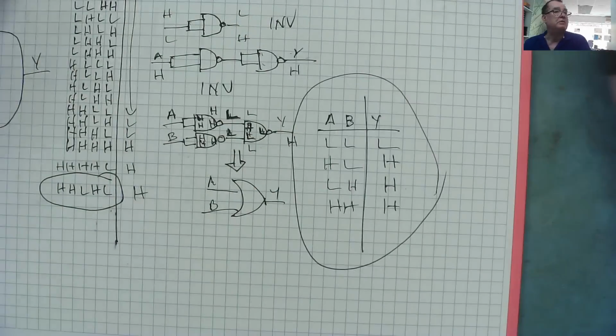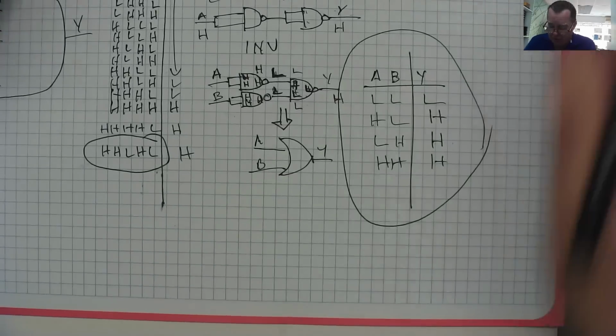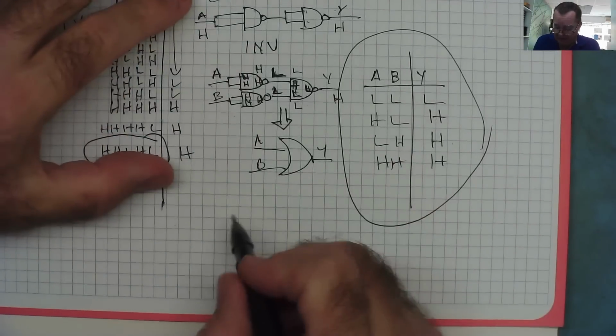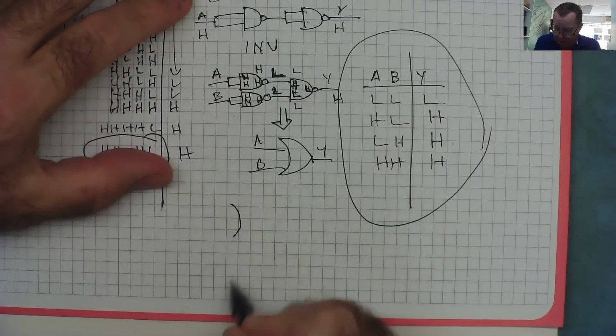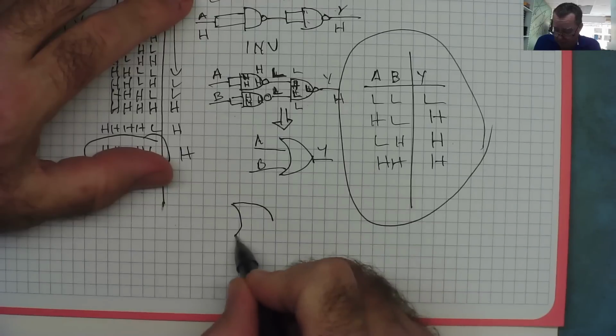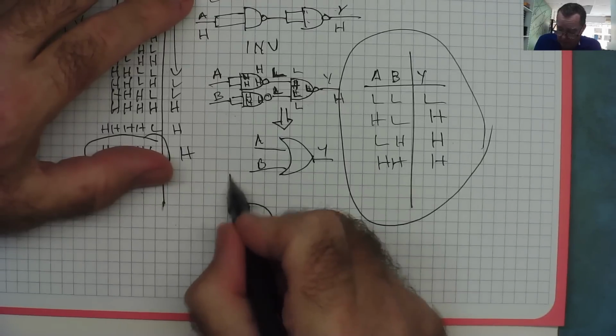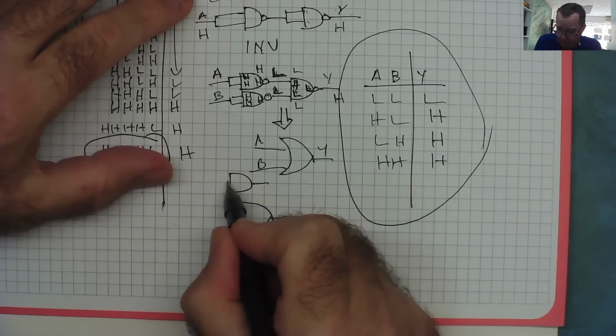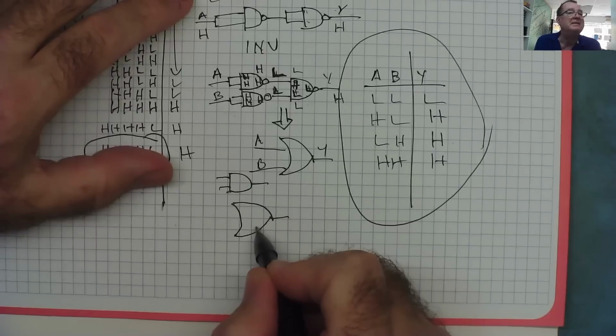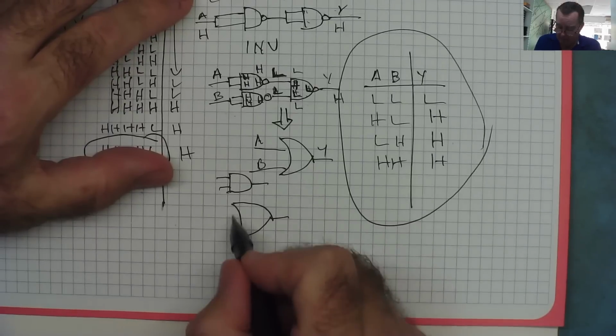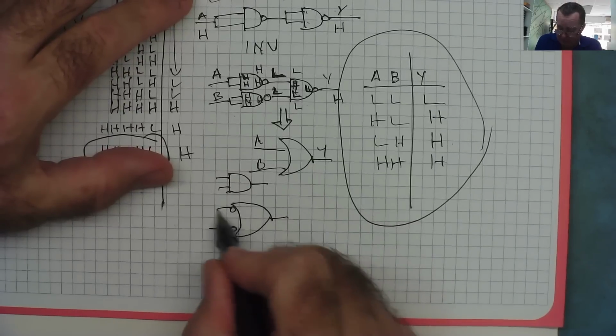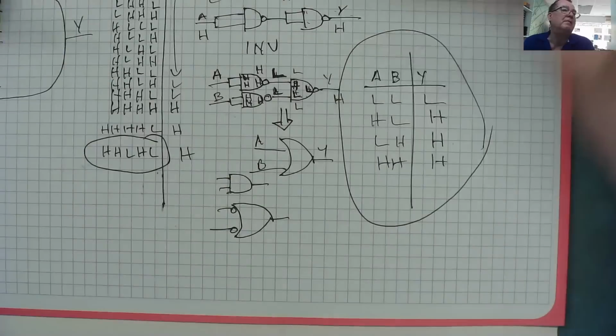And you can do that with all of them. There's a rough rule of thumb. I'll just tell you what it is. If you want to turn that into that, put 2 inverters on the input and change the symbol from AND to OR and vice versa.